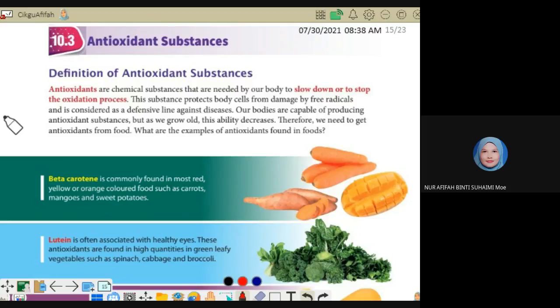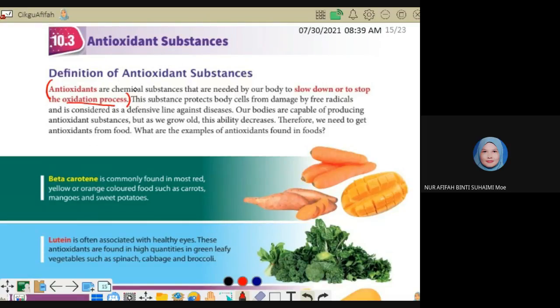Antioxidants are chemical substance that are needed by our body to slow down or to stop the oxidation process. Kenapa nak slow down? Because this oxidation process will release free radical. So kita nak prevent oxidation process from occur, from release free radical. Itu pun kita nak slow down, tak nak bagi banyak sangat dalam kita punya badan.